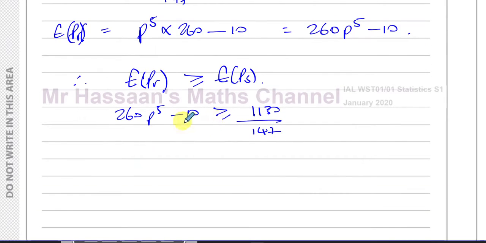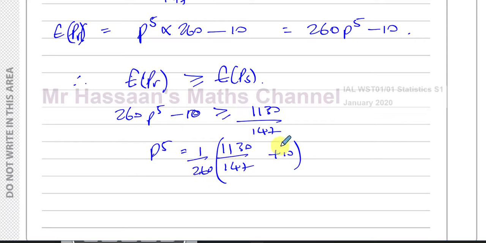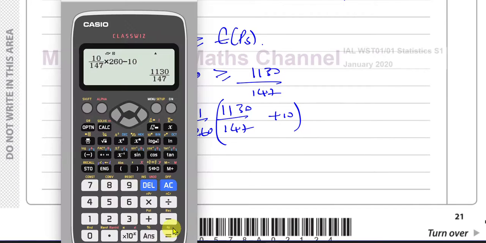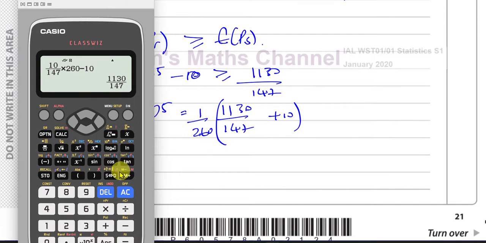Okay, so that means p to the power 5 is going to be equal to 1130 divided by 147 plus 10, and all of that divided by 260. So 1 over 260 times all of that. That's p to the power 5. So let's work out what that is first.